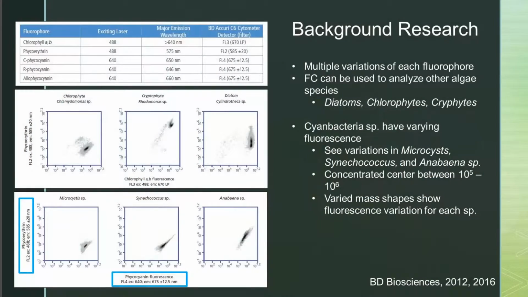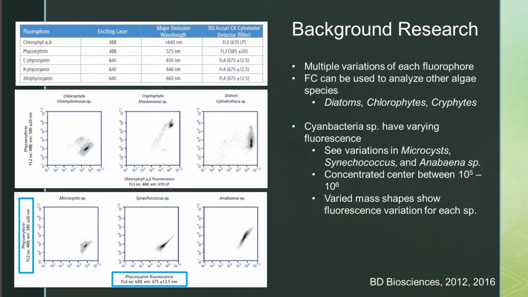So these are a couple of the studies that I read showing the results that they found. So there are multiple variations of each fluorophore. And you can see up here all the different fluorophores that were analyzed in that one study.